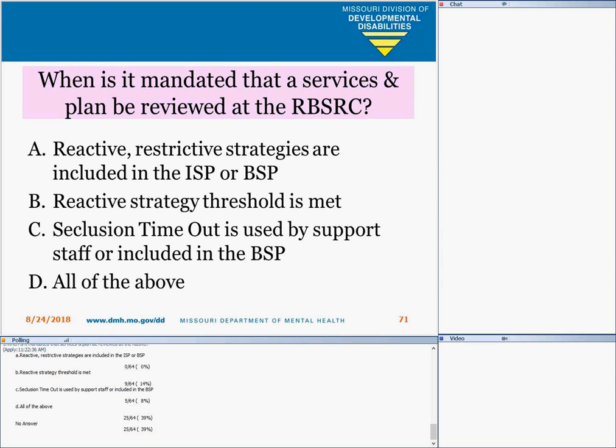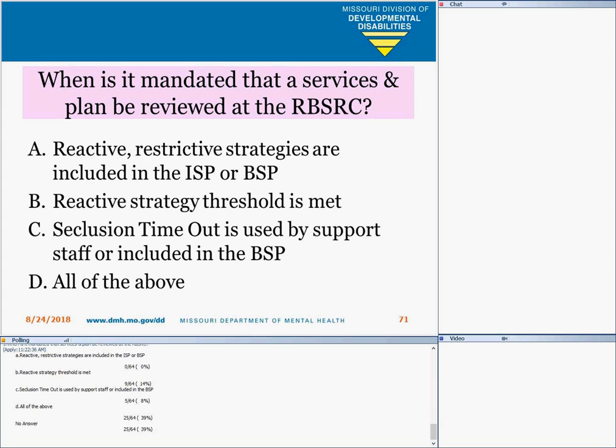So the mandated answer is C. And so if timeout is used by support staff or included in the behavior support plan, you could have a request when there are restrictive strategies in place, but unless you meet the threshold for review, you would not be reviewed.